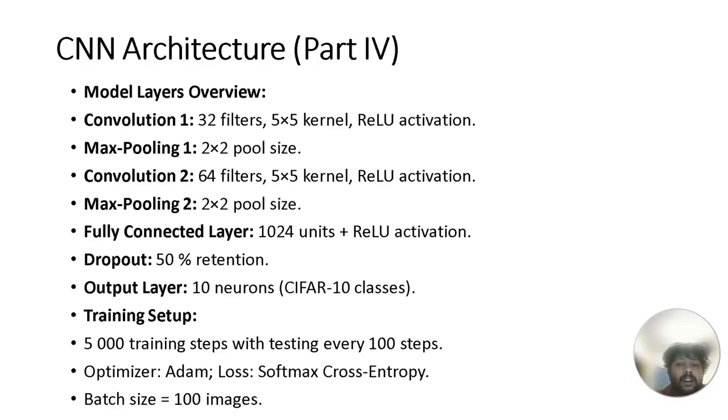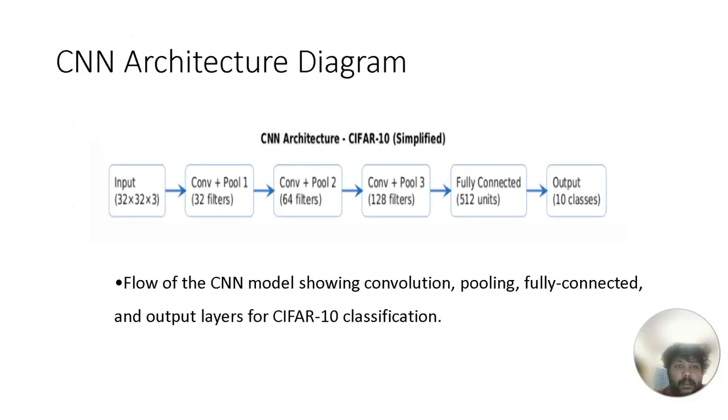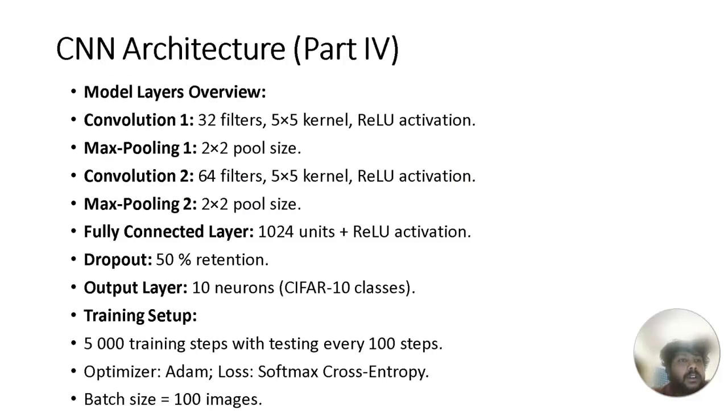Coming to the next slide, the CNN part. Here is an overview of the model layers. Convolution 1 has 32 filters with a 5 by 5 kernel and ReLU activation. With that, we have max pooling 1 with a 2 by 2 pool size.